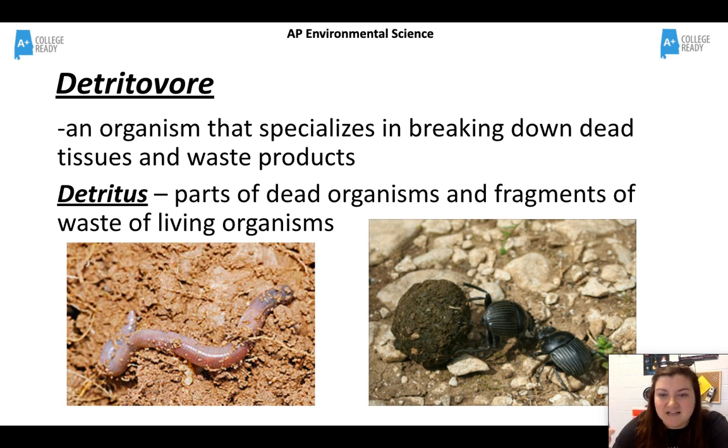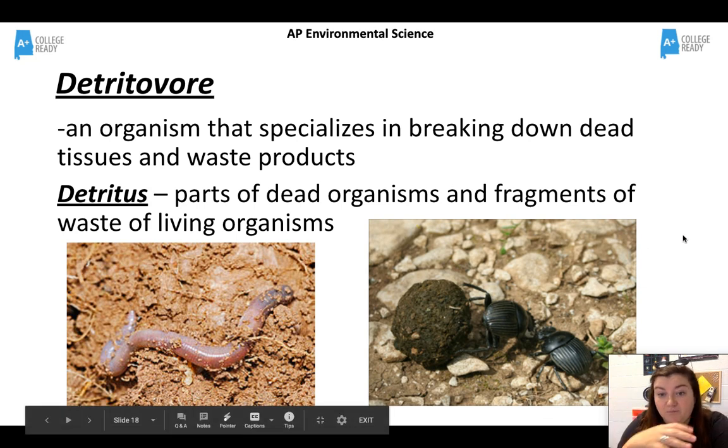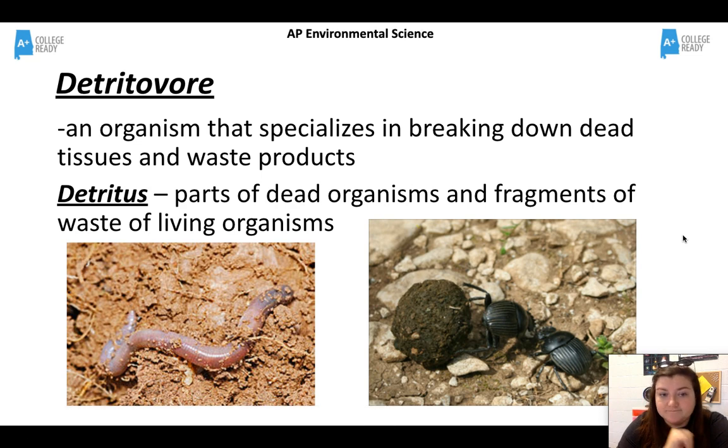So dead stuff, pieces of dead stuff, dying stuff. This could be things like roadkill. It could be leaves that have fallen off a tree and now they're laying on the forest floor and they're slowly starting to break down and decompose. It could be, in this case of our dung beetles, waste from other animals or poop, whatever.